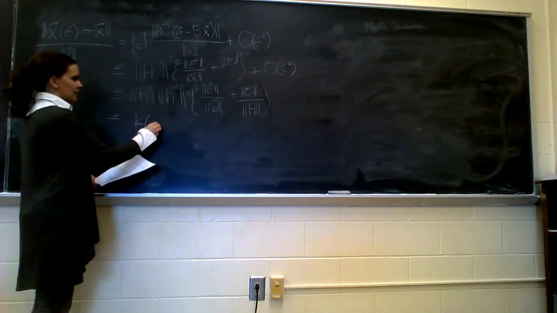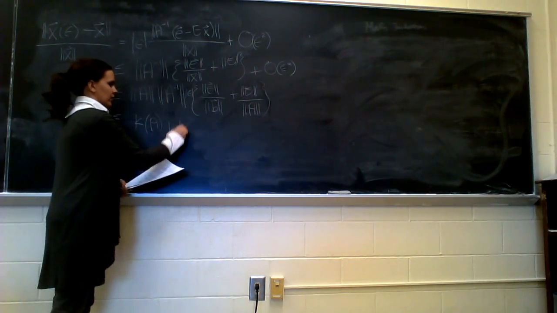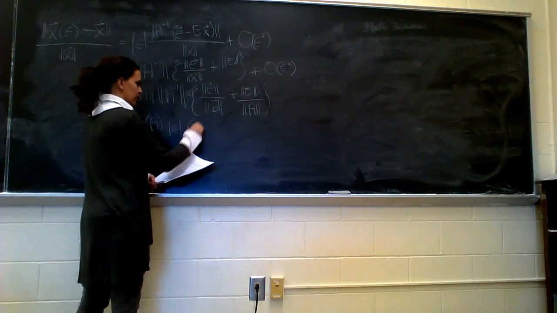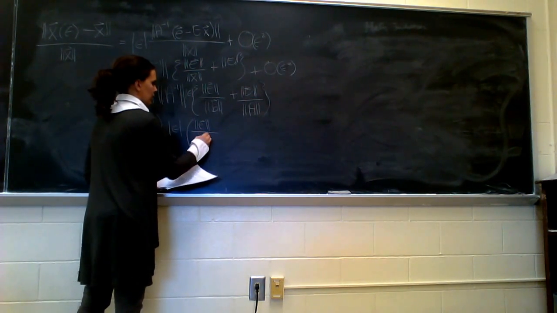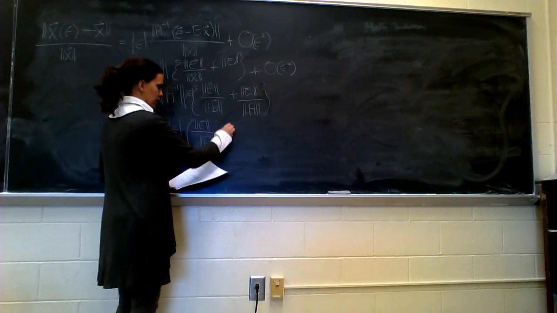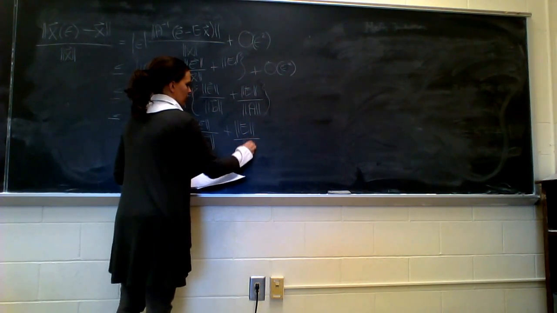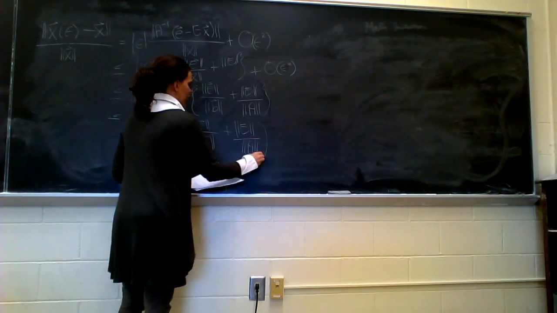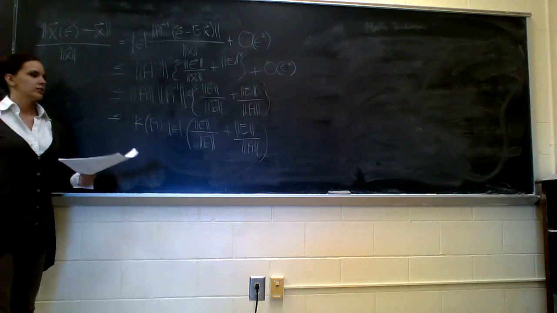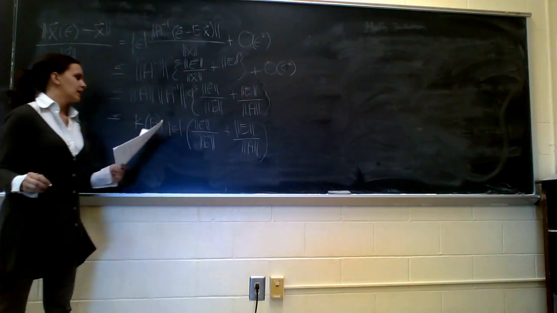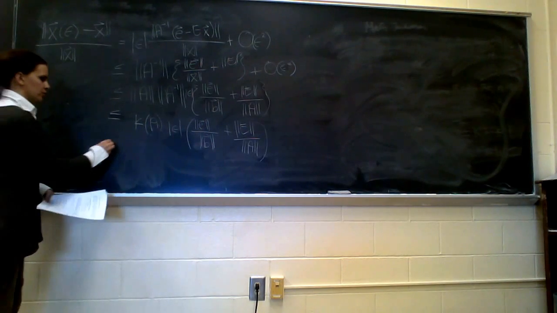The norm of A times the norm of A inverse is the condition number of A times the absolute value of epsilon times the norm of E over B plus the norm of E over A. And so these were the perturbations that we have on B and A.